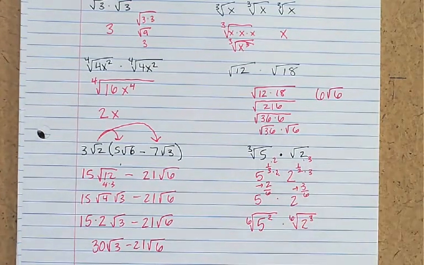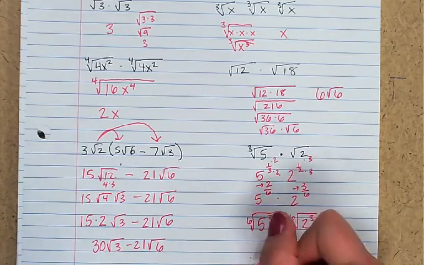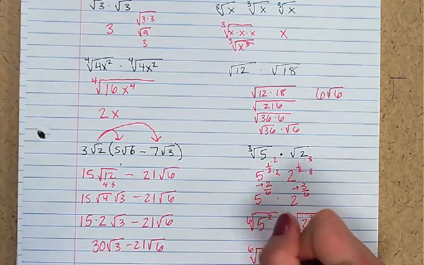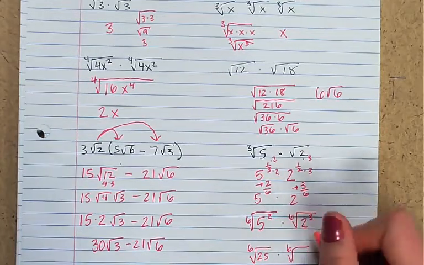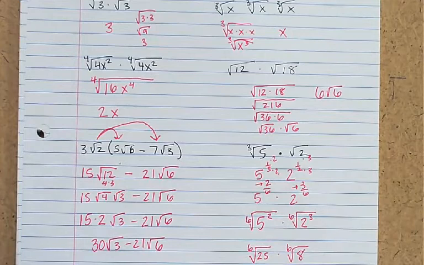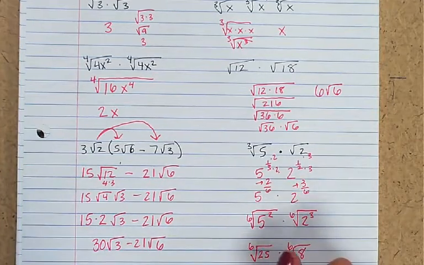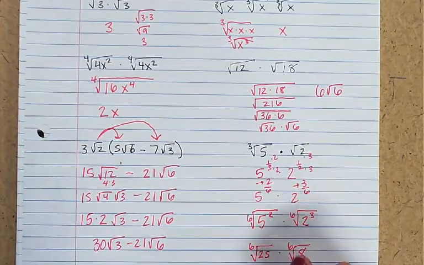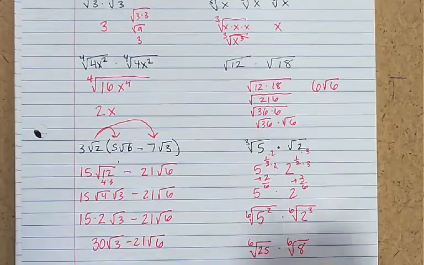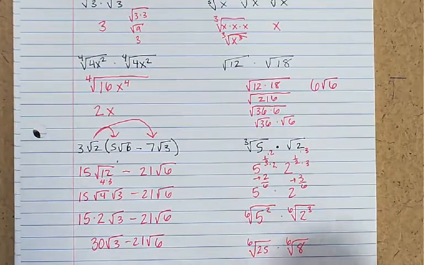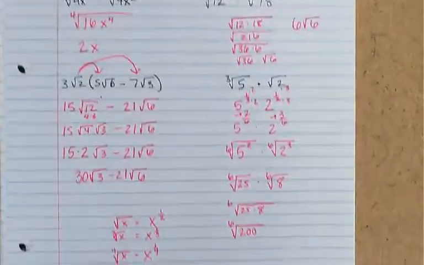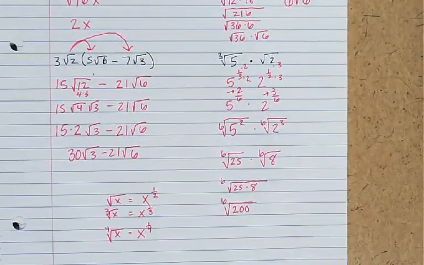Now we can combine. Let me simplify first. 2 cubed is 8. Now we can put them together, and we end up with the 6th root of 200.